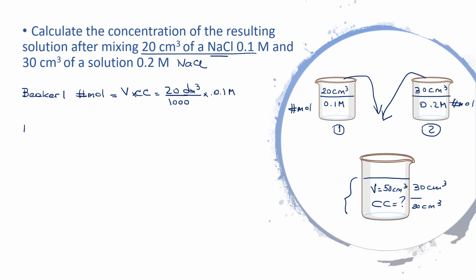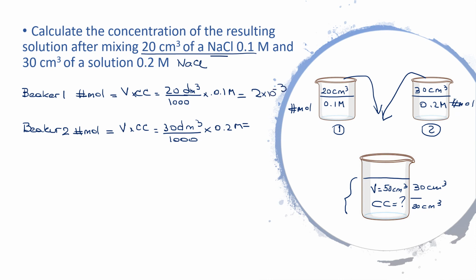And in beaker 2, the number of moles is going to be volume times concentration, which equals 30 centimeters cube. Again, I need to divide by 1000 times 0.2 molar. So the number of moles on the first one is 2 divided by 1000, which is going to be 2 times 10 to the negative 3.